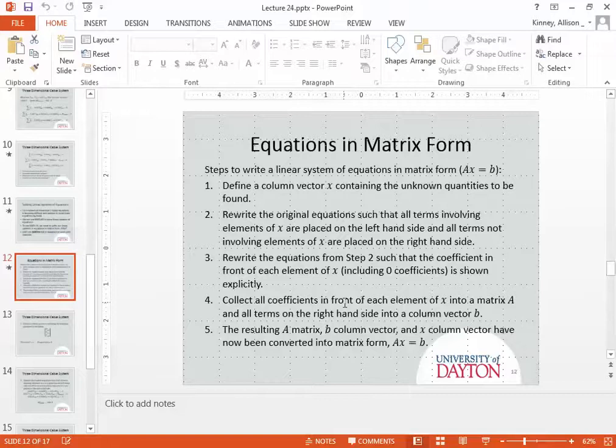So this A matrix is a square matrix. It has the same number of rows as it has columns.